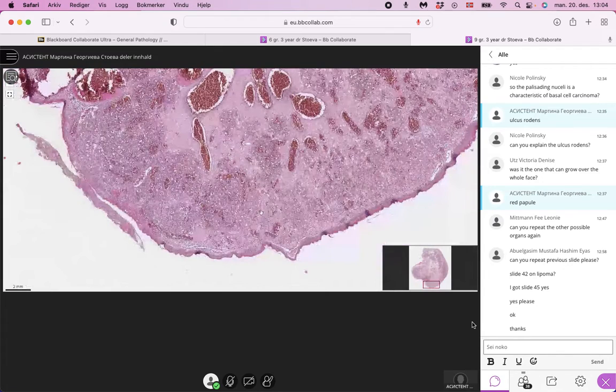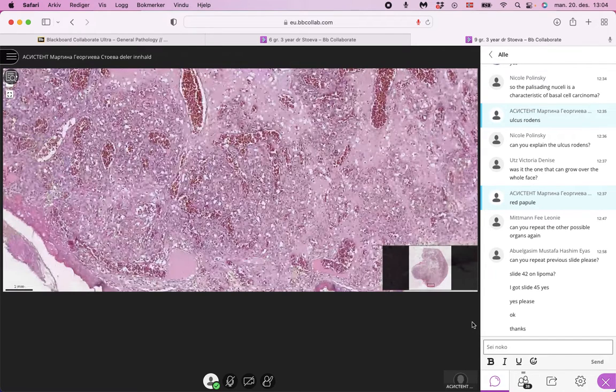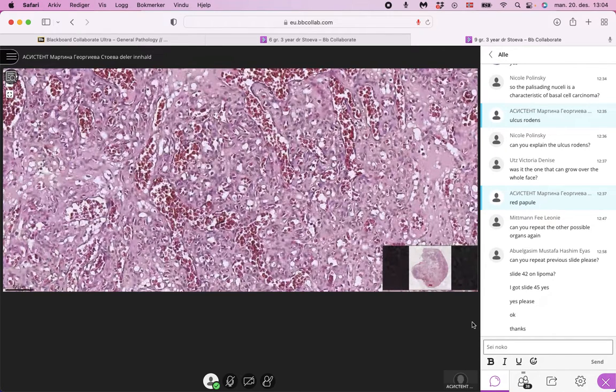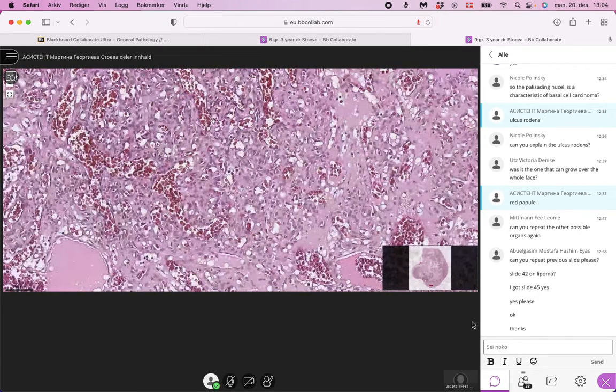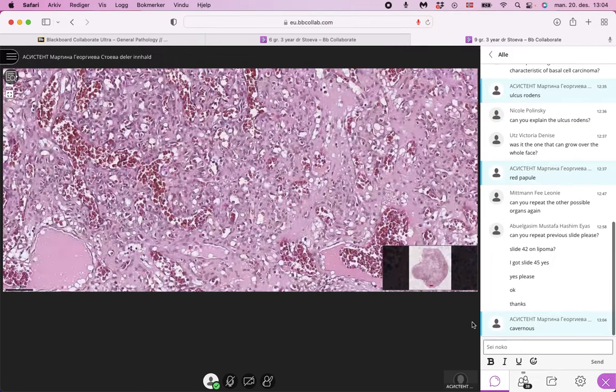Here, the fact that the tumor is composed of capillaries makes it capillary hemangioma, because there is another variant that is cavernous hemangioma. Cavernous, because the endothelial cells form cavernae, which are larger blood vessels.